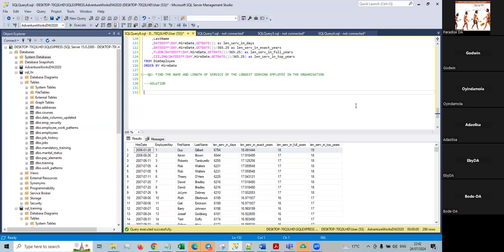I'm only asking for an answer to a part of the question. How do you go about finding the longest serving person? What comes to mind?